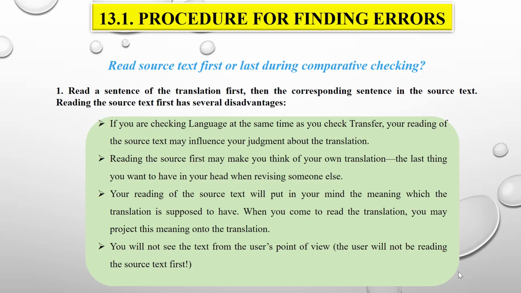You may not see that the user of your translation will properly interpret the passage another way. This is particularly a problem if the sentence of the target text happens to be ambiguous. It has two possible interpretations. Reading the source sentence first may have the effect of cueing in your mind the interpretation which corresponds to the source, whereas the reader of the translation may take the other interpretation.